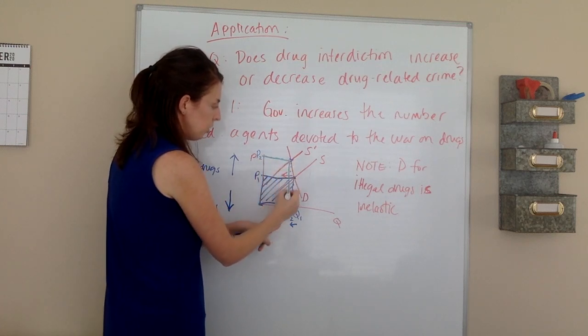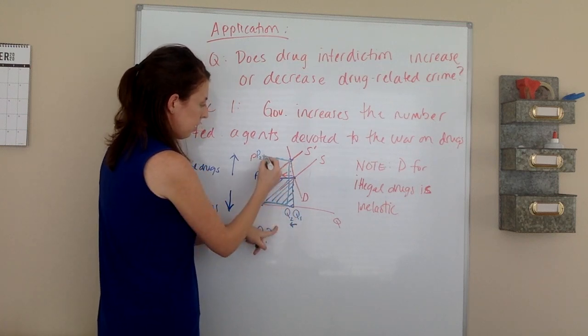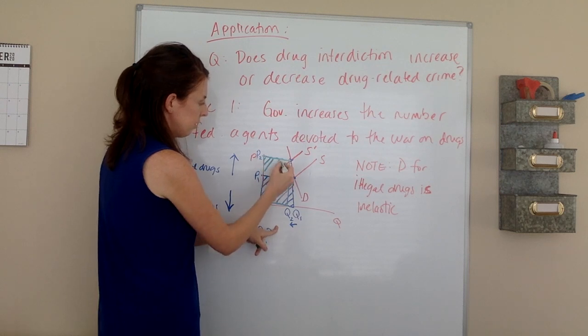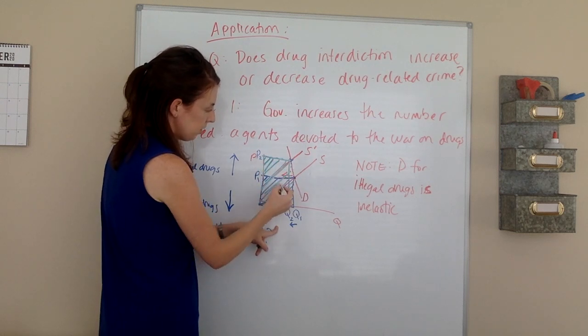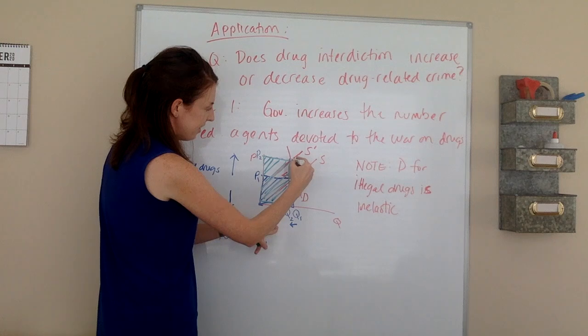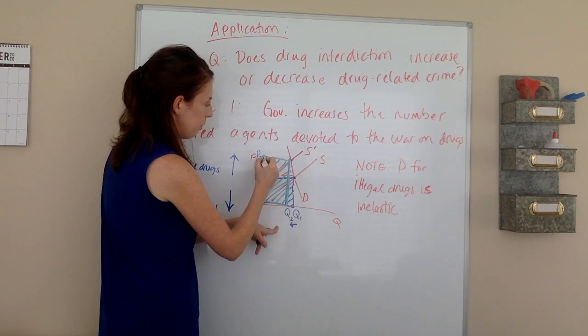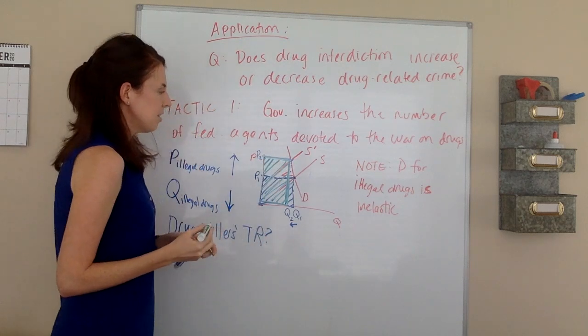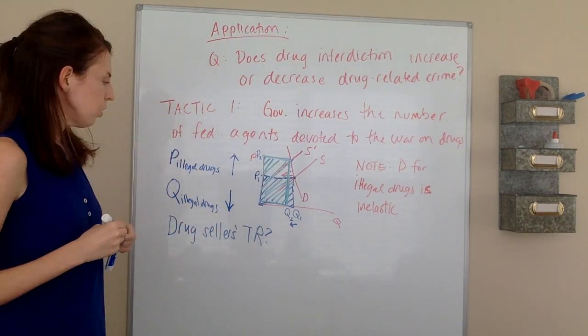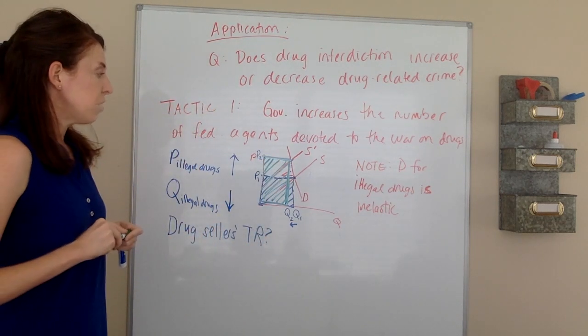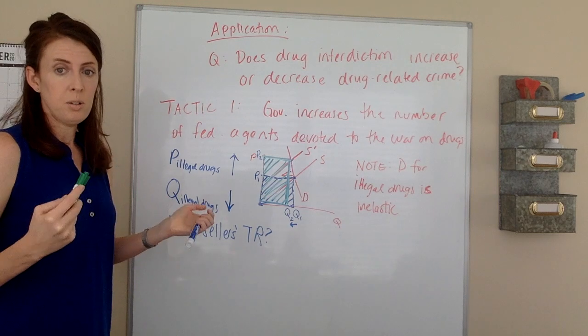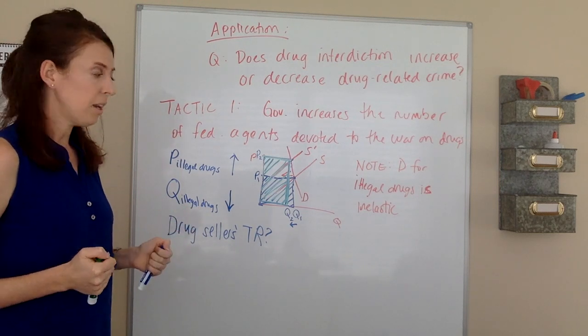So this new green box, color showing up on your screen, the new green box that's bounded by the new crosshair up in the northeast corner, that's going to be the new total revenue for the drug sellers. Okay, so drug sellers like bigger rectangles because bigger rectangles mean they're making more money.